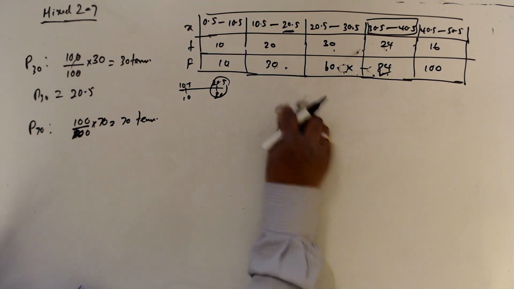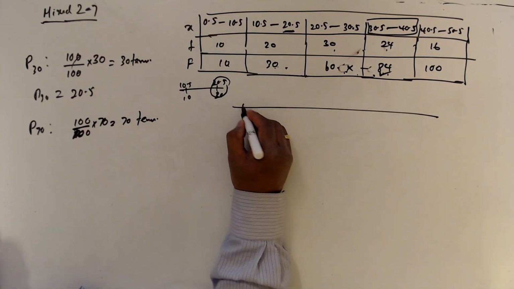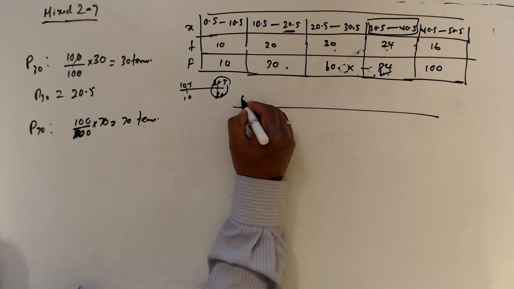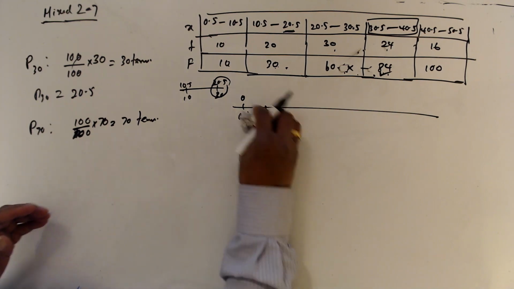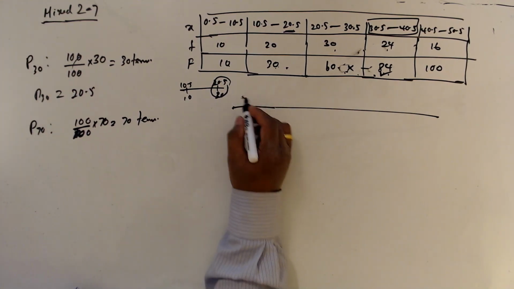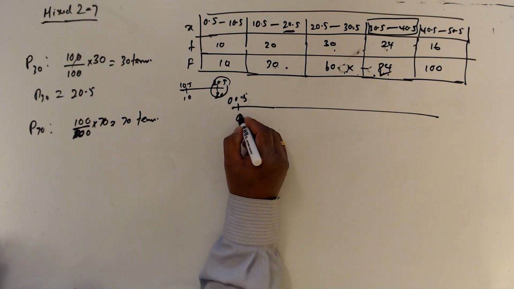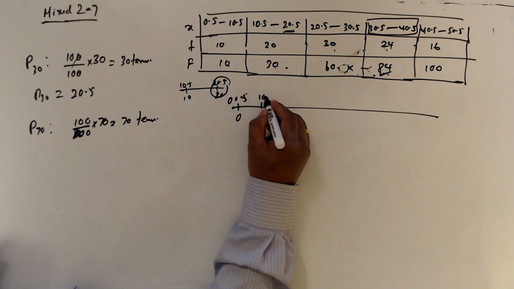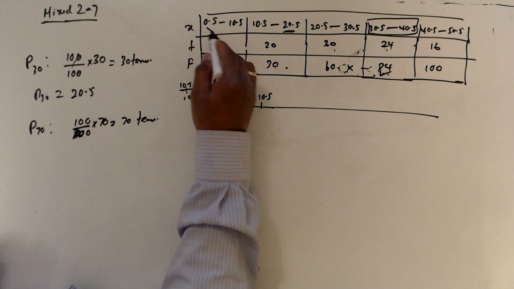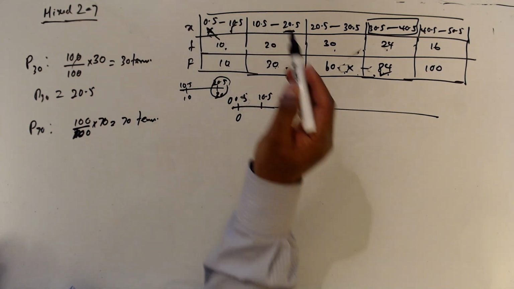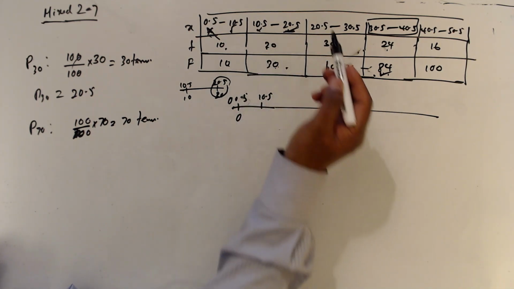To make it clear, I'll draw this one as a number line. 0.5 here, that is 0. Then when it's going above 0.5 here, then the frequency is 0. Then when it is going to 10.5, because this 10 does not belong to this one, it belongs to this one. This 20 does not belong to this, it belongs to this one.